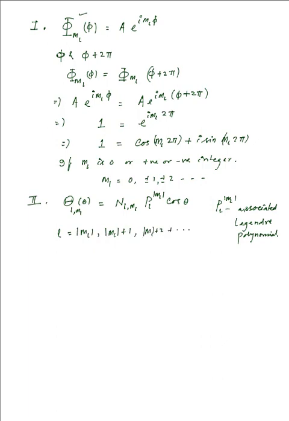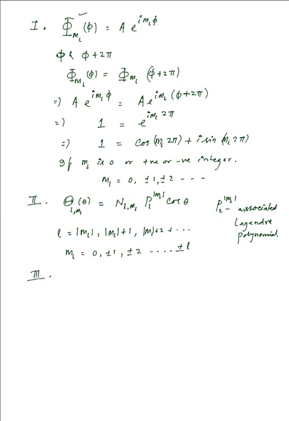This requirement can be expressed as a condition for ml. That means ml can be 0, plus minus 1, plus minus 2, and it will continue not till eternity, but to the maximum value being plus minus L. And the constant L therefore is another quantum number.